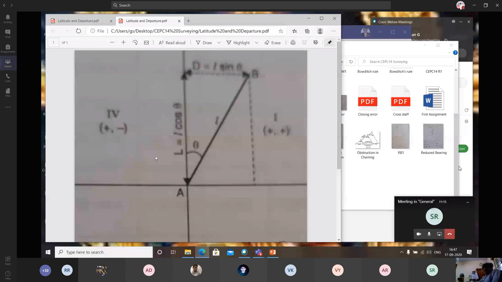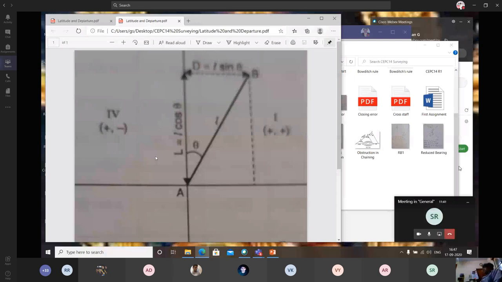We say that the sin theta component and the cos theta component of a line are positive in the first quadrant. The latitude is negative and departure is positive in the second quadrant. In the third quadrant, both latitude and departure are negative. In the fourth quadrant, latitude is positive and departure is negative.